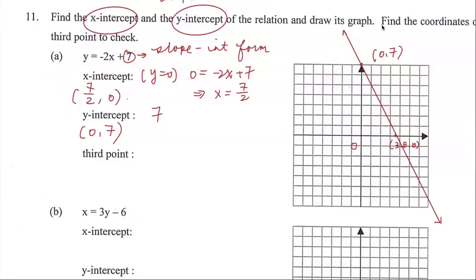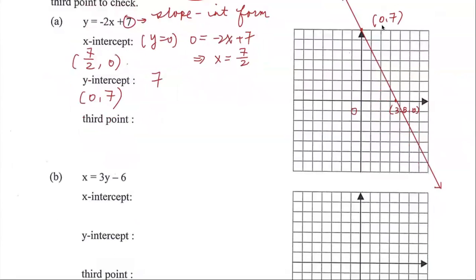Okay, so for example, if we let x be, let's say, 1, if x is equal to 1, then y is equal to minus 2 times 1 plus 7, which is equal to 5.